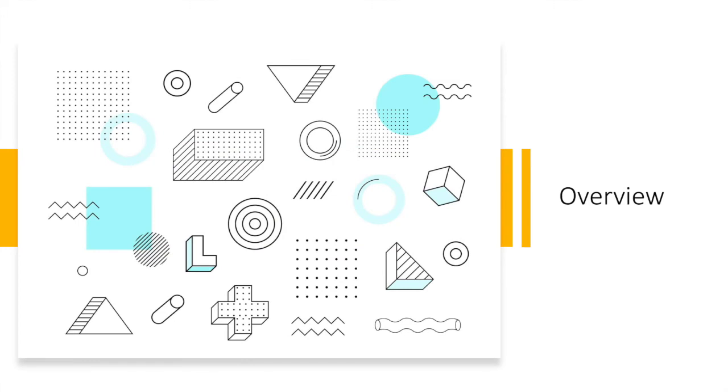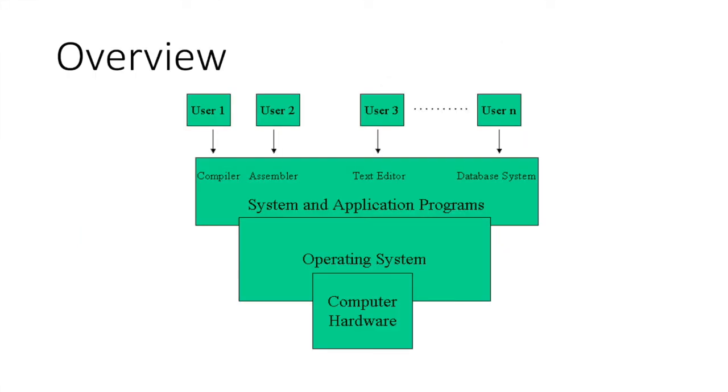To explain all this, I would like to give you an overview using a diagram. Look at this diagram. Here, in the middle, we have the computer hardware. What is it actually?